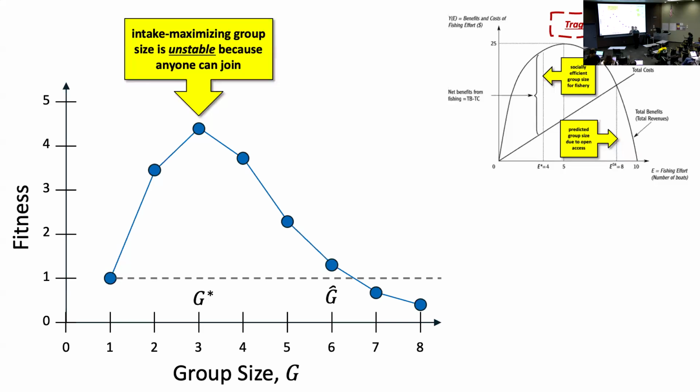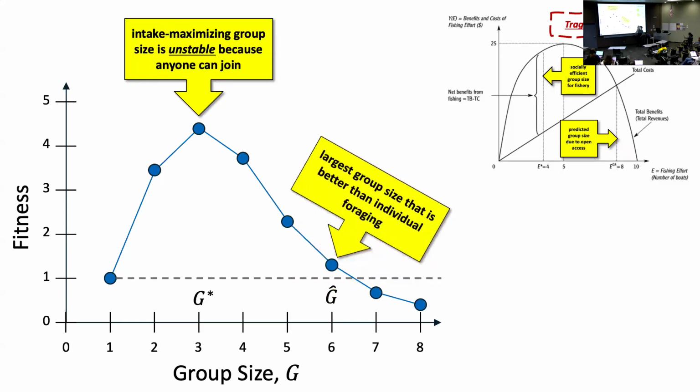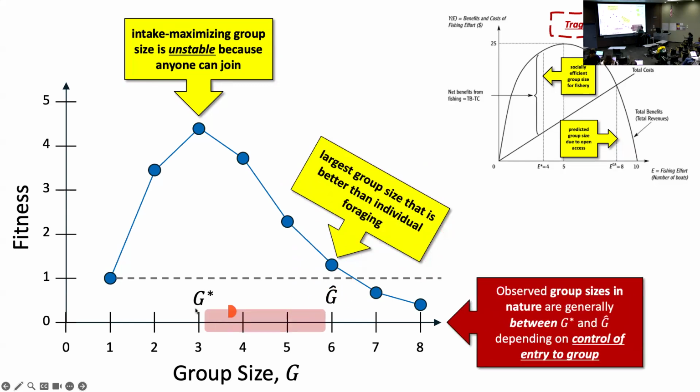So you end up equilibrating at these large group sizes, which I'm calling here G hat. So in nature you find groups that are between G star and G hat. And what's the X factor?